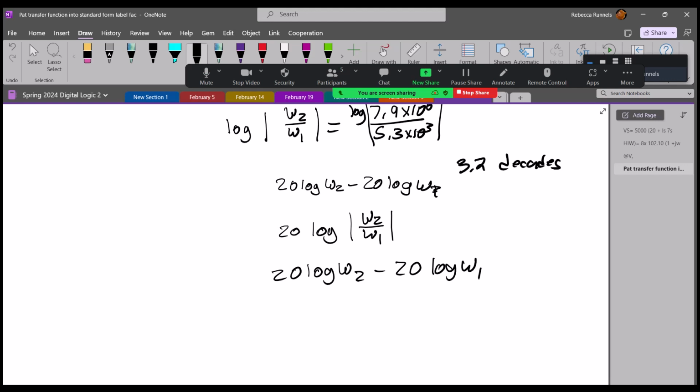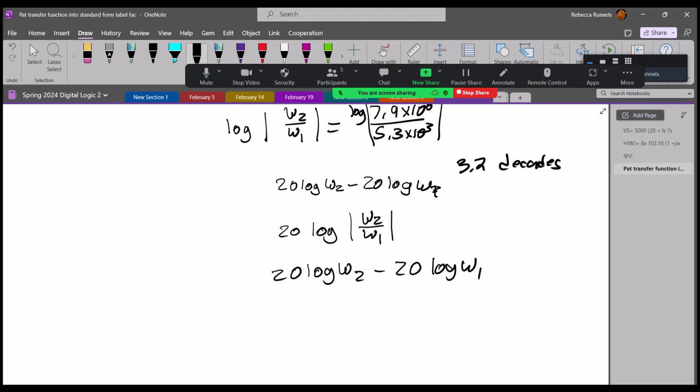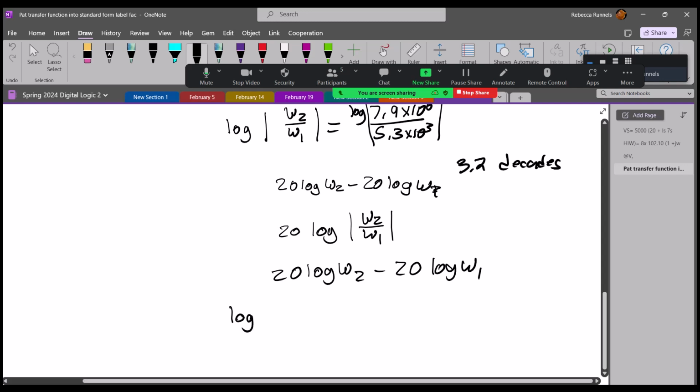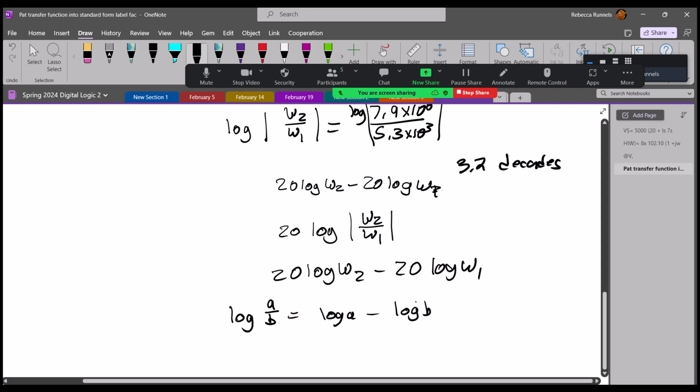But you don't have to do this if you have a calculator. It's exactly the same. It has a 20 on both of them. Oh, this one, yeah, it's the same without the 20. So the log of A over B equals the log of A minus the log of B. This is just having the 20 out in front.